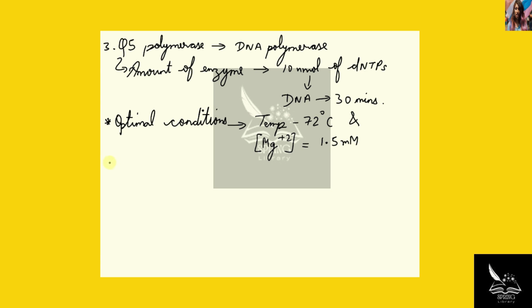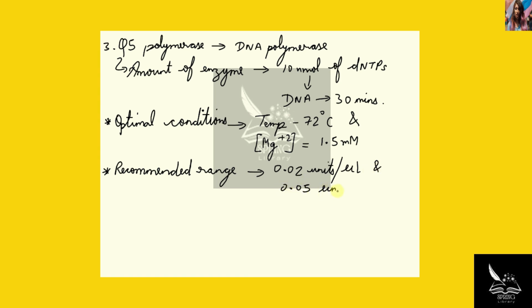Typically, the recommended concentration range for Q5 polymerase is between 0.02 units per microliter and 0.05 units per microliter.